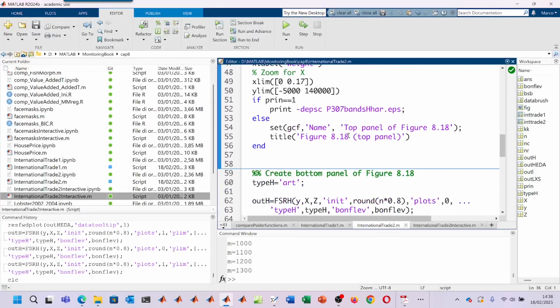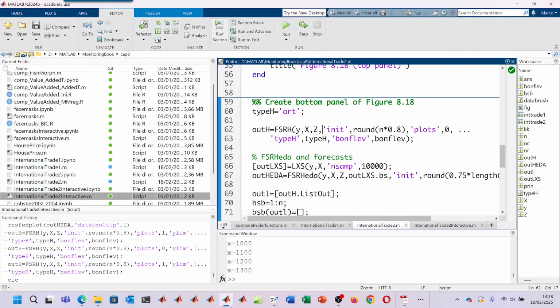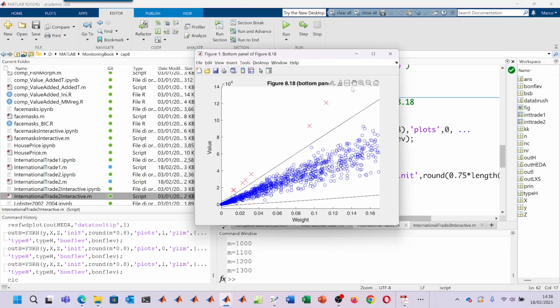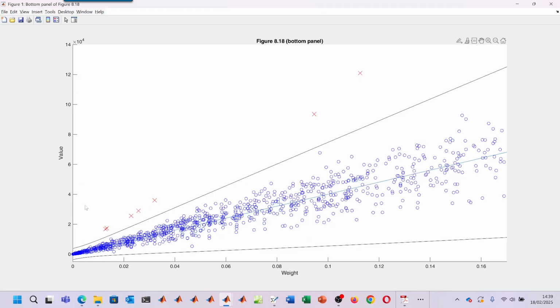If we now compare this with the use of ART, we can see that the width of the band does not go to 0 as x goes to 0. We thus avoid indicating outliers that are of very little economic importance.